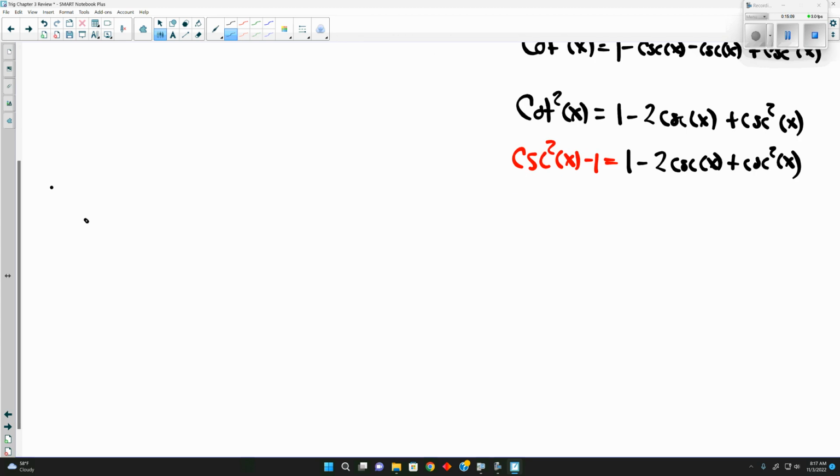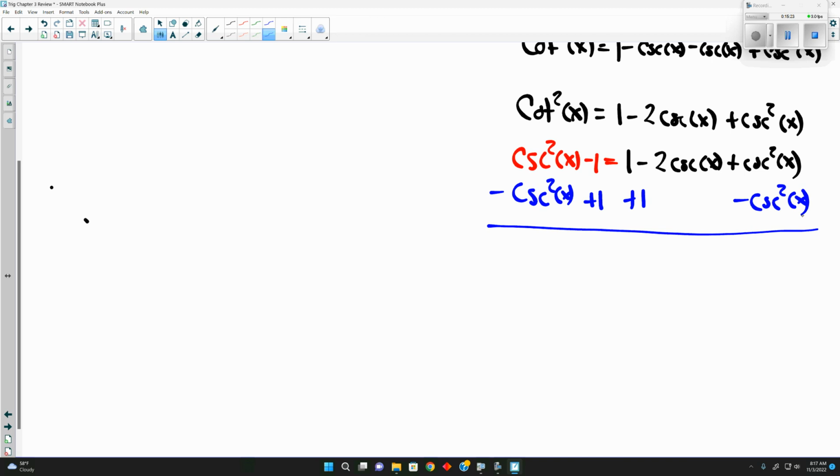Well, that's fine. We need to get everything on the same side of the equation, yes? So I can add 1 to both sides and subtract cosecant squared of x from both sides. Because luckily everything over here is going to become 0.